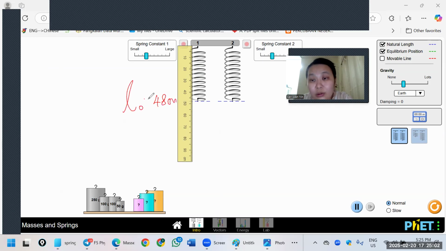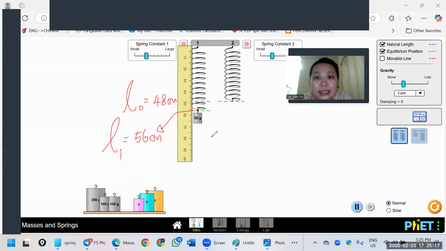So this is the original length. Then when you put on the weight, you will get this one. This one is 56 cm. So what is 56 cm? Your L1. Okay, so what is your X? L1 minus L0. This is extension.